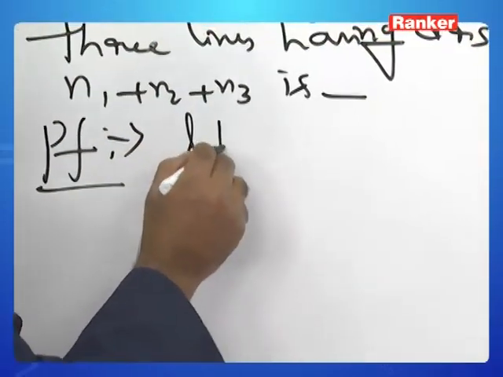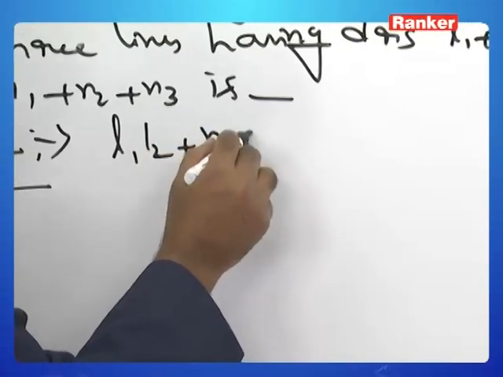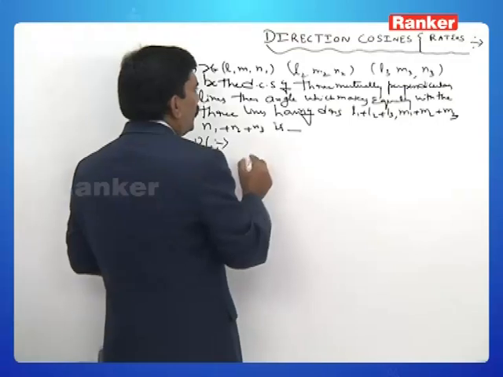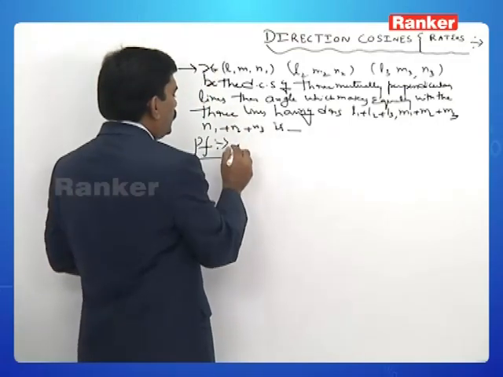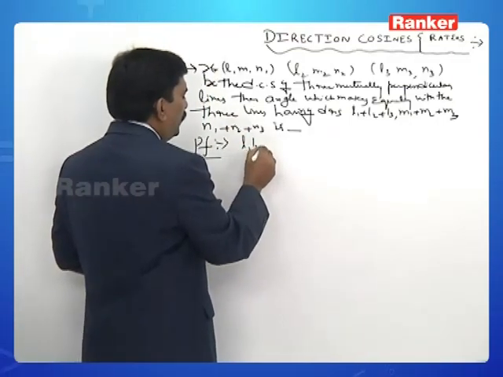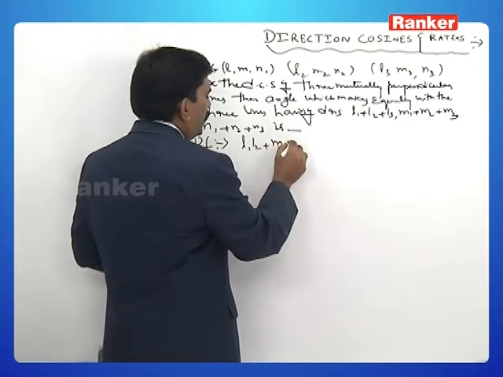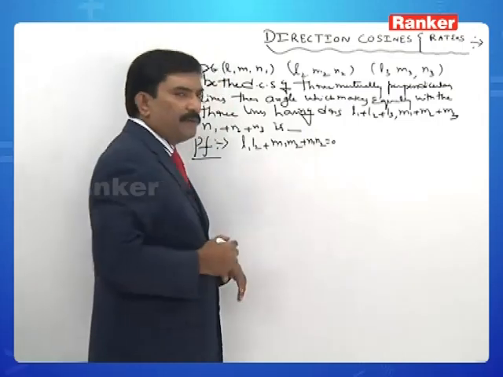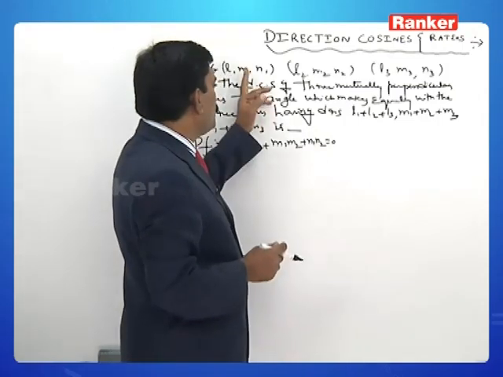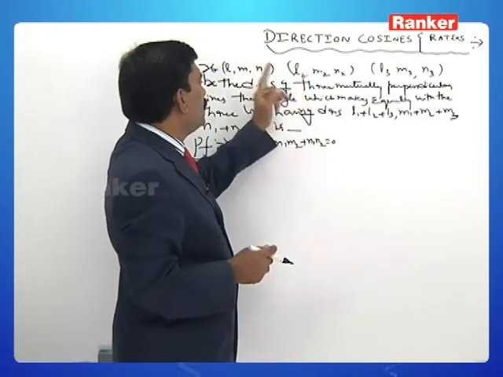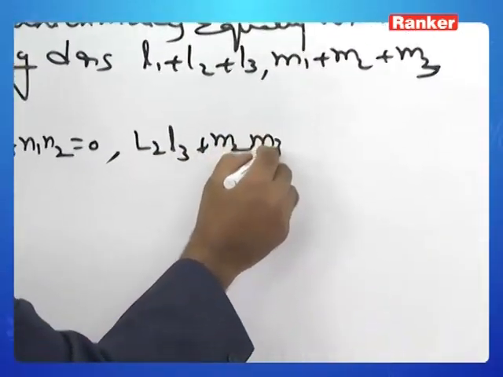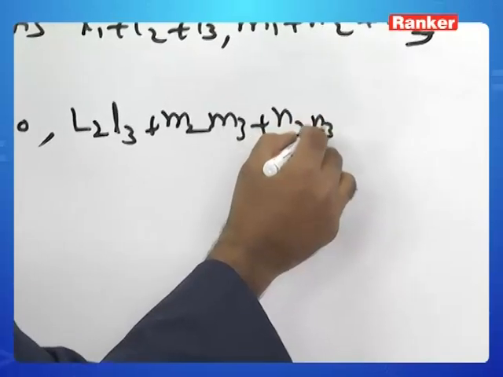Okay. Now let us see how we can make this out. The proof of this one is very simple. Since l1 l2 plus m1 m2 plus n1 n2 is equal to 0. Why? Two lines having DCs l1, m1, n1 and l2, m2, n2 are perpendicular, therefore it is equal to 0.